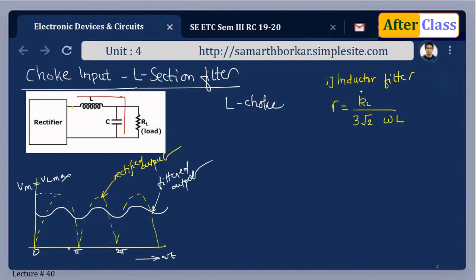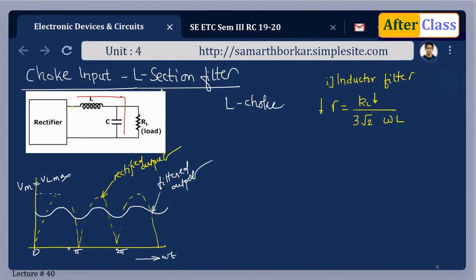But now for experimentation, if I want to reduce the ripple, I need to reduce the value of RL. That means when I decrease the value of RL, the load current will be on a higher side. So when the circuit demands RL to be low, that means your output current, that is the load current, will be high.